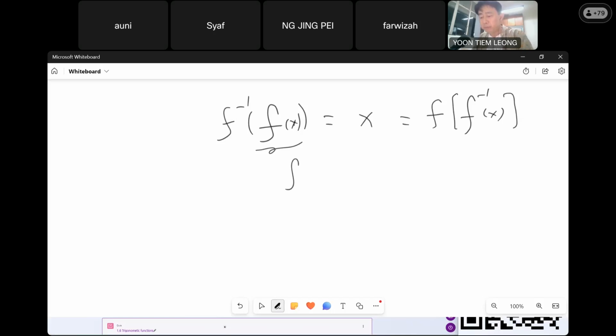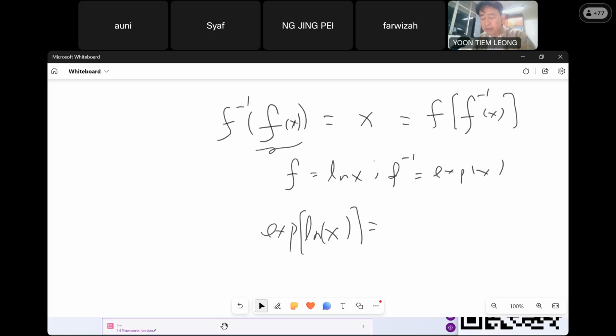So here you can take f to be the log function, and the inverse to be the exponential of x. With this, you can understand that if you take the logarithmic function of x and then take the exponential of it, it is the same as taking the exponential function of x and then slotting it into the log. In both cases you get x.